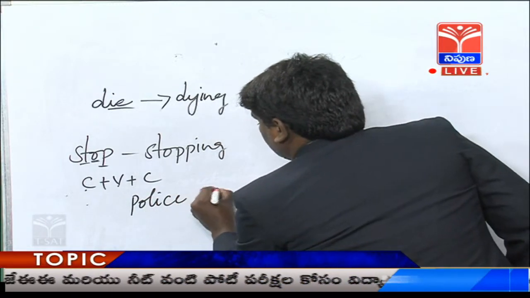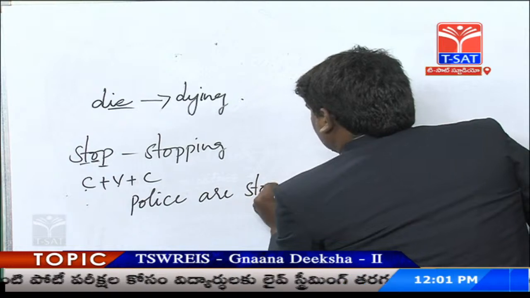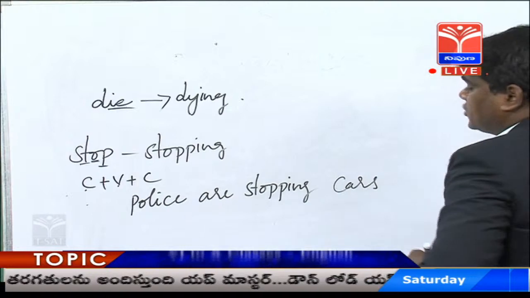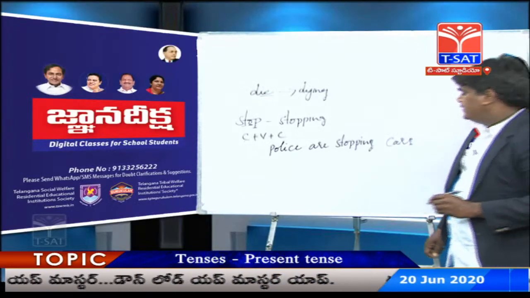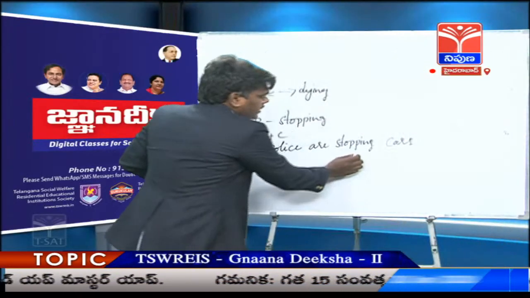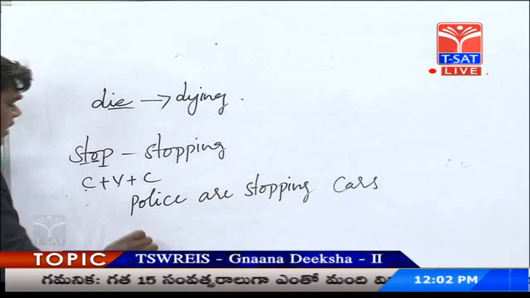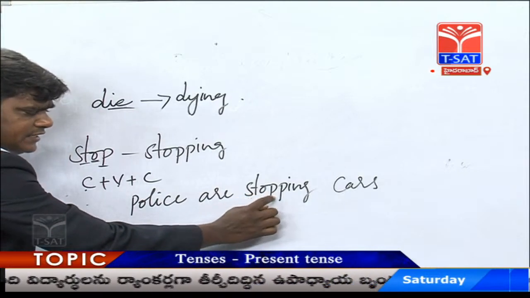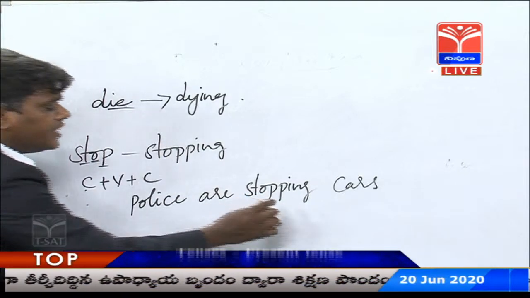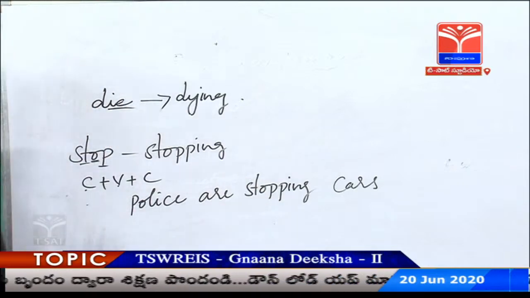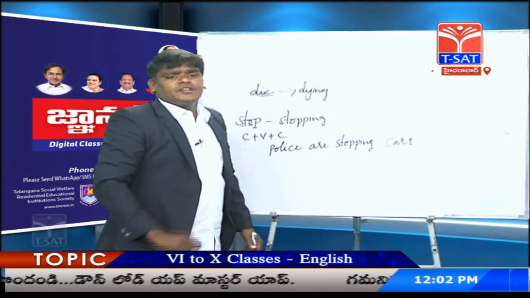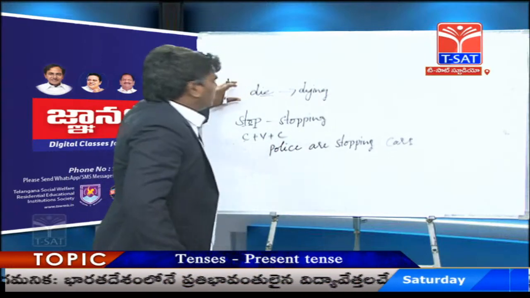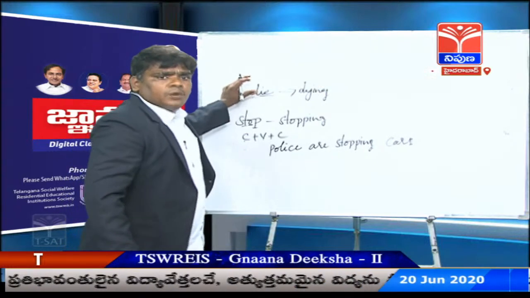Police are stopping cars. See this, here we are doubling the consonant, because the verb ends with consonant, vowel, consonant. In this case we need to double the consonant, then we say stopping. In this way, these are the spelling rules that we need to follow when making use of present continuous.